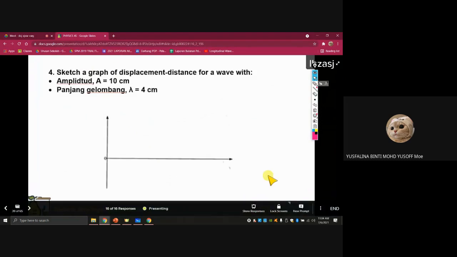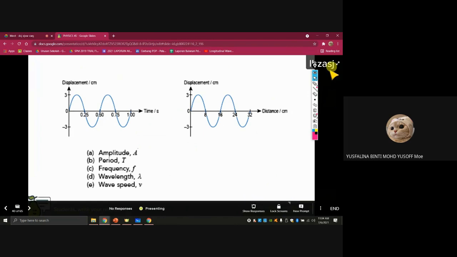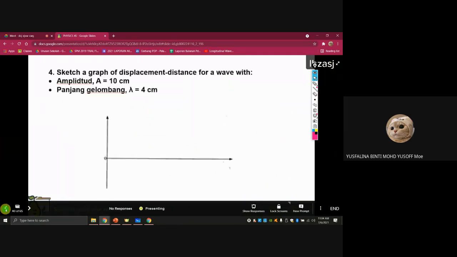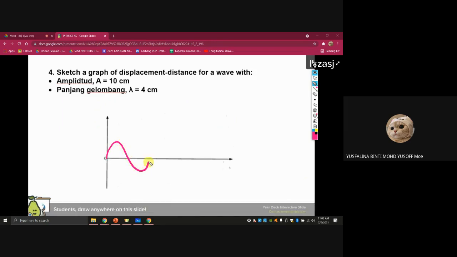Okay, so here the amplitude is 10 cm. First you have to draw a wave. Okay, so I draw the wave first. The amplitude is 10 cm here, so this is A, and the wavelength is 4.